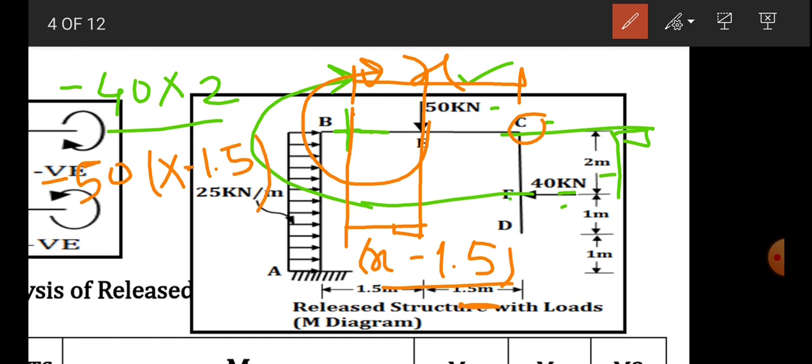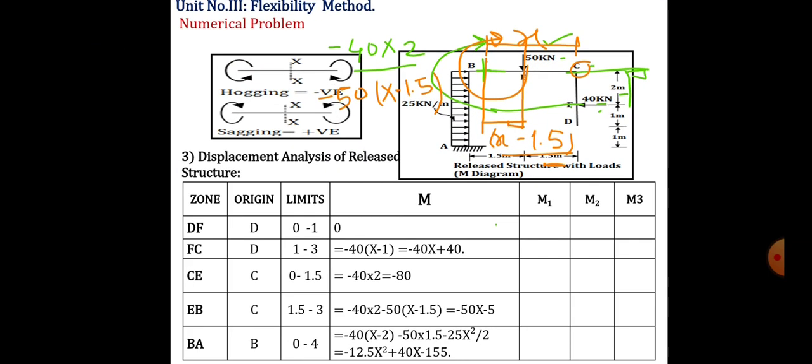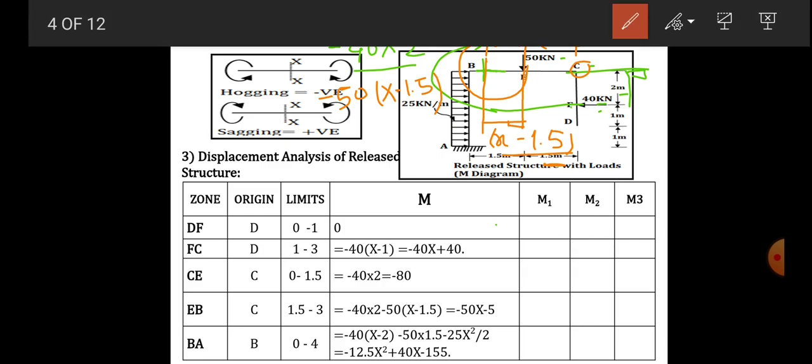So we get the two moments about the imaginary axis, which is mentioned here in the cell: minus 40 into 2 minus 50 into bracket x minus 1.5. After simplifying, we get minus 50 into x minus 5.